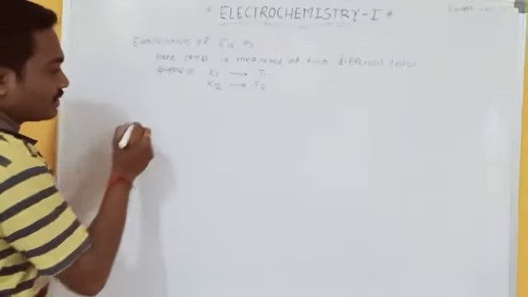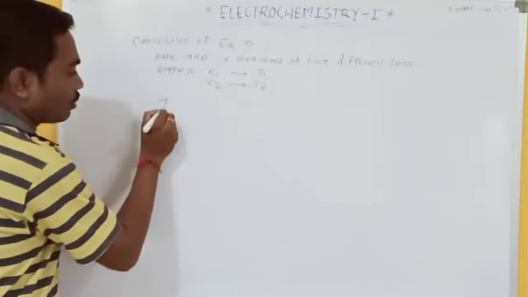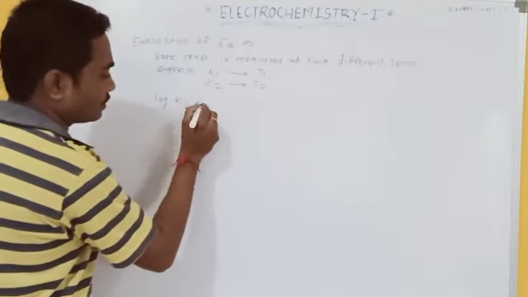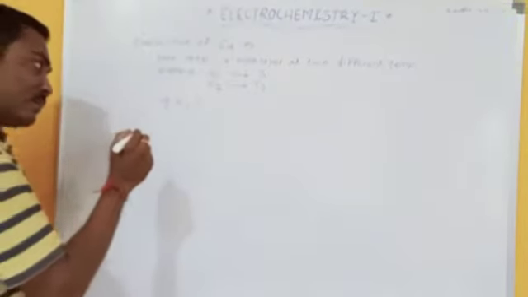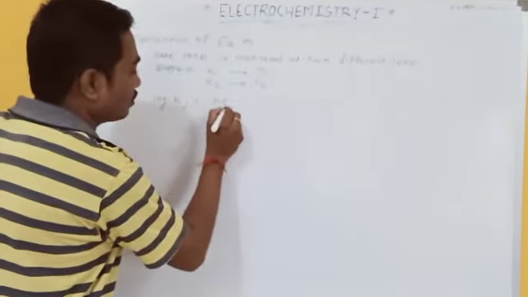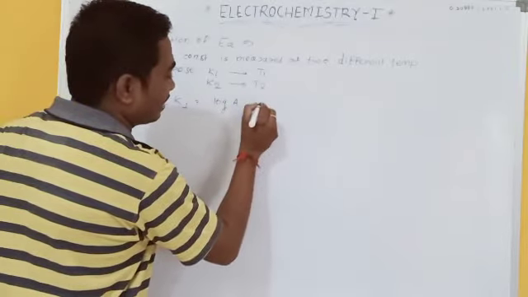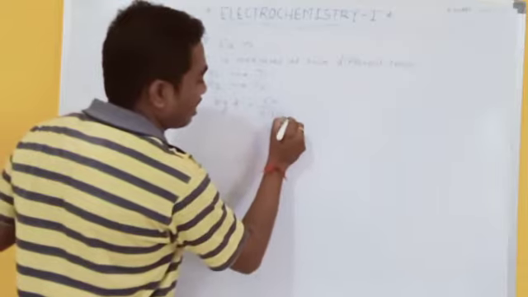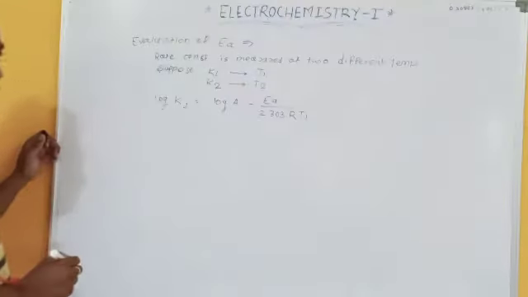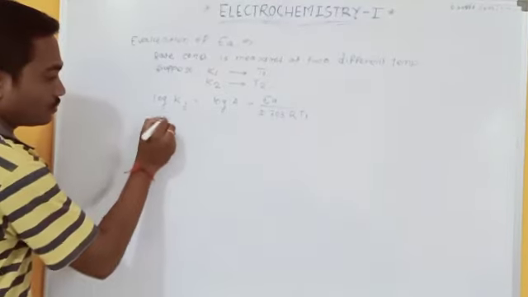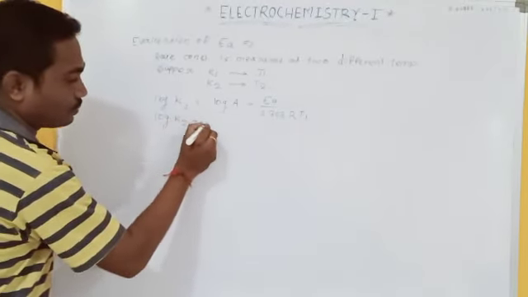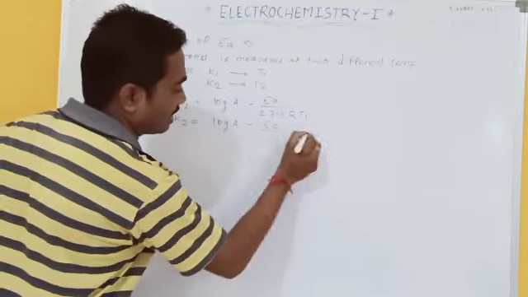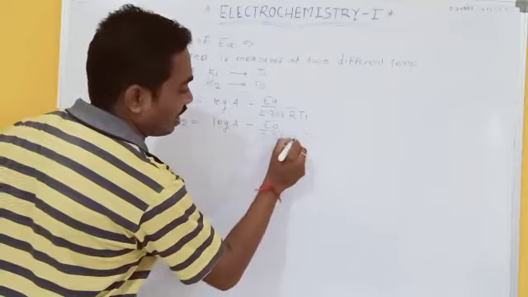Then according to the Arrhenius equation, log K1 is equal to log A minus EA by 2.303 R T1. Log K2 is equal to log A minus EA divided by 2.303 R T2.